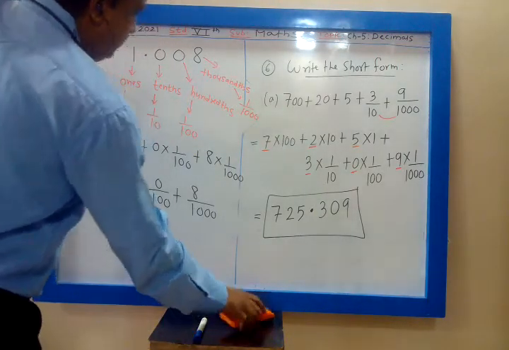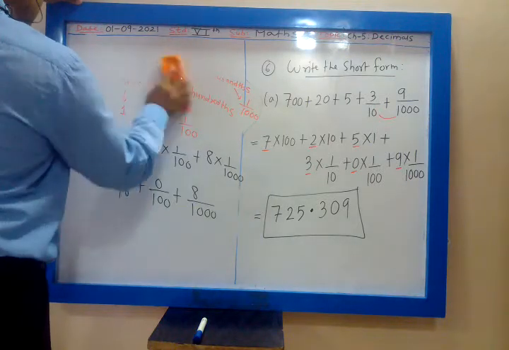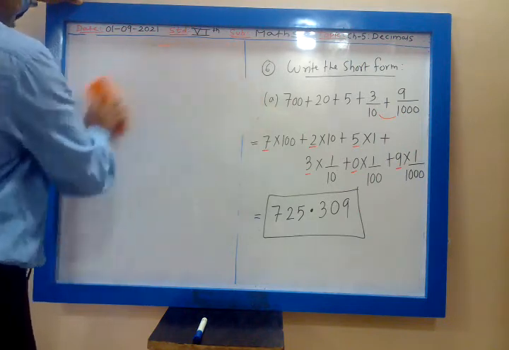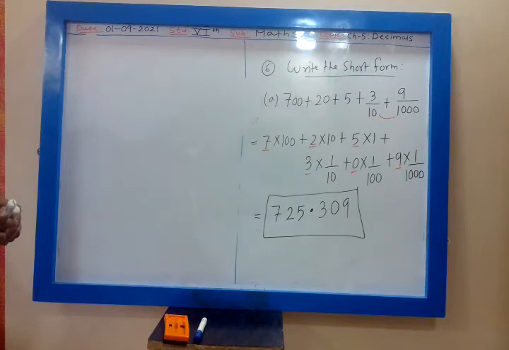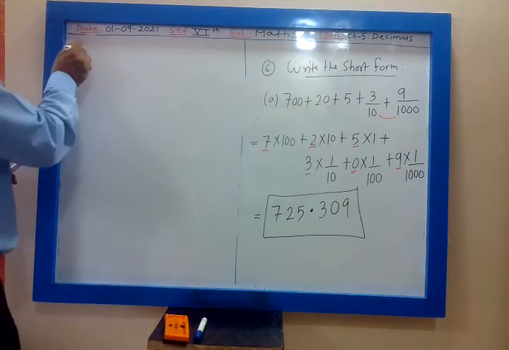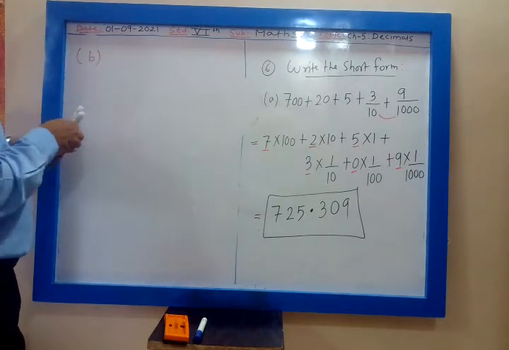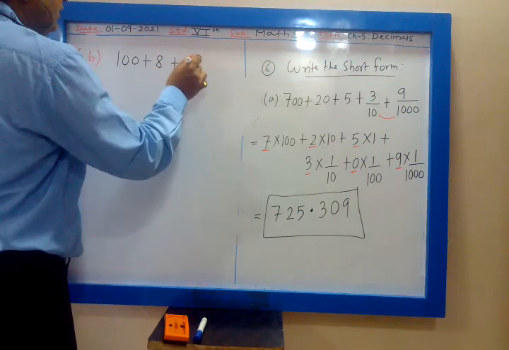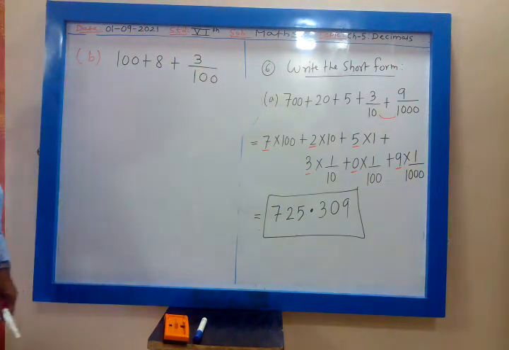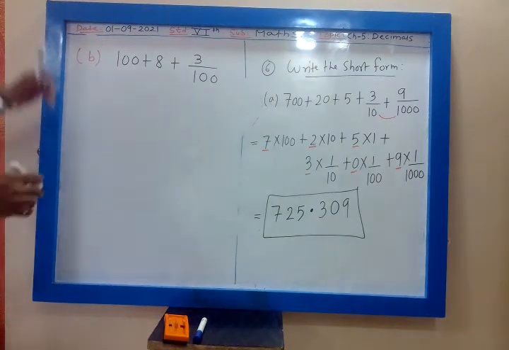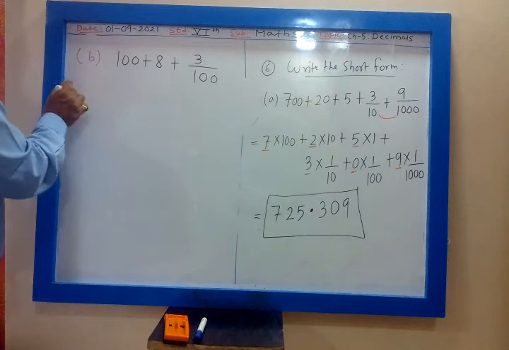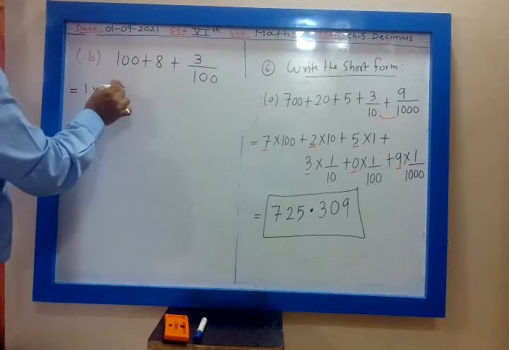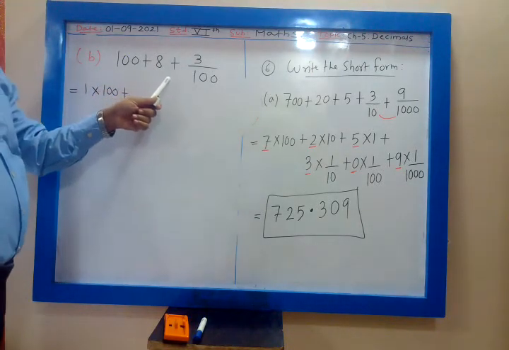The next is 100 plus 8 plus 3 upon 100. You can write 100 as 1 into 100. Then see here, 8 is at which place?